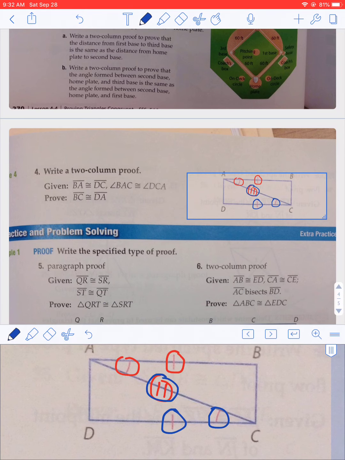Now you might be thinking, wait a minute. The postulate says you can prove the two triangles are congruent, right? That's what the postulate does. But there's this other acronym I have not mentioned yet today, and it's called CPCTC. What it says is congruent parts of congruent triangles are congruent.